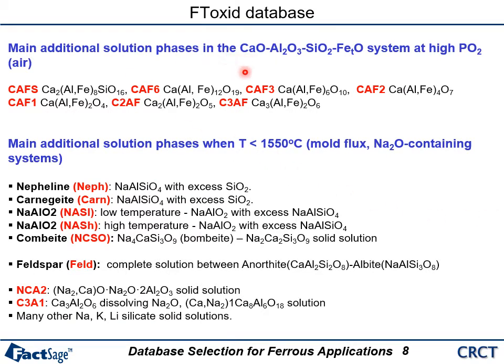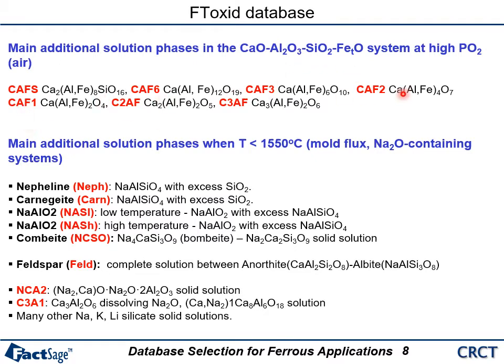And when you make a slag in oxidizing conditions with iron oxide, then Fe3O4 can be formed as a solid solution. Also, when you're doing the iron ore sintering process, iron is typically present as iron 3+. In that case, we have a lot of solid solution between iron 3+ and aluminum 3+.